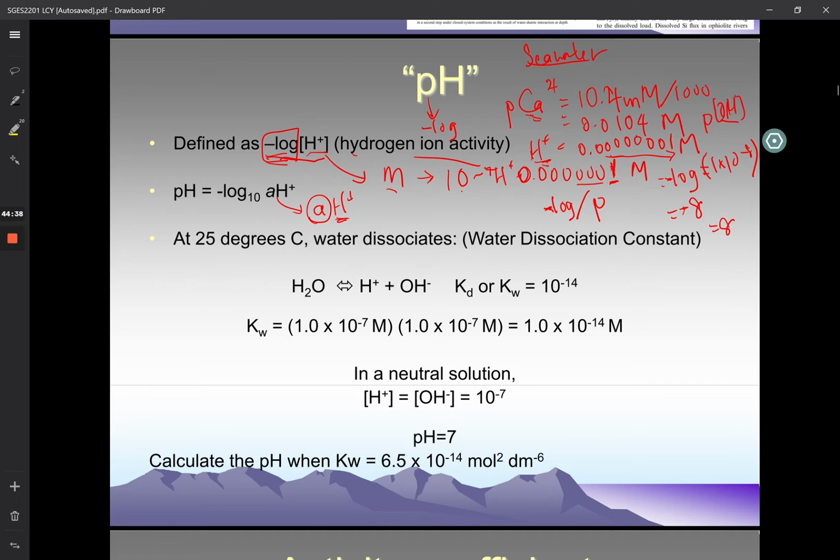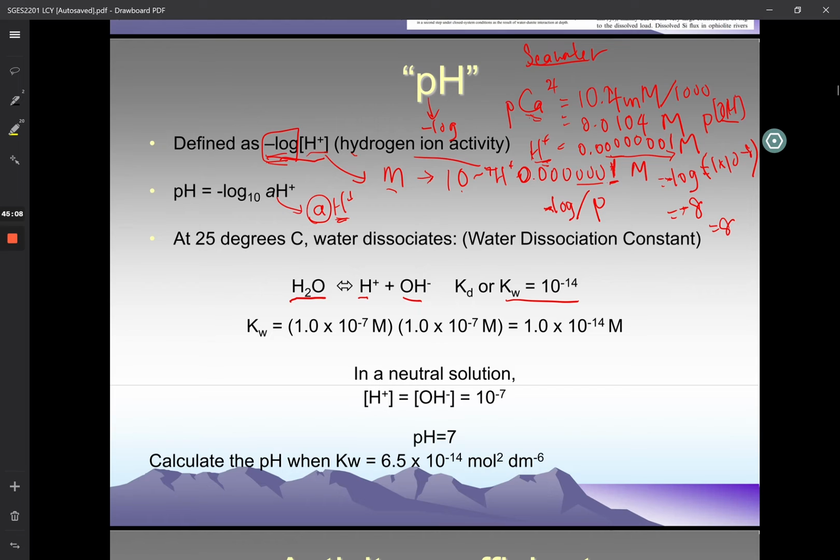All right, at 25 degrees Celsius, water dissociates, so you have this water dissociation constant. Water dissociates into hydrogen and hydroxide ions, and has a dissociation constant of 10 to the power of negative 14.